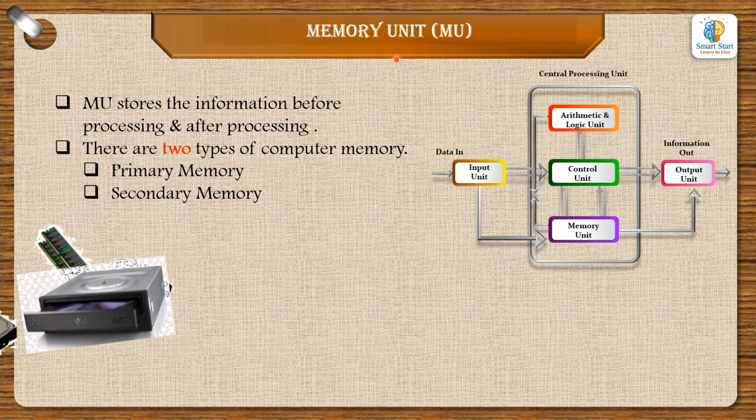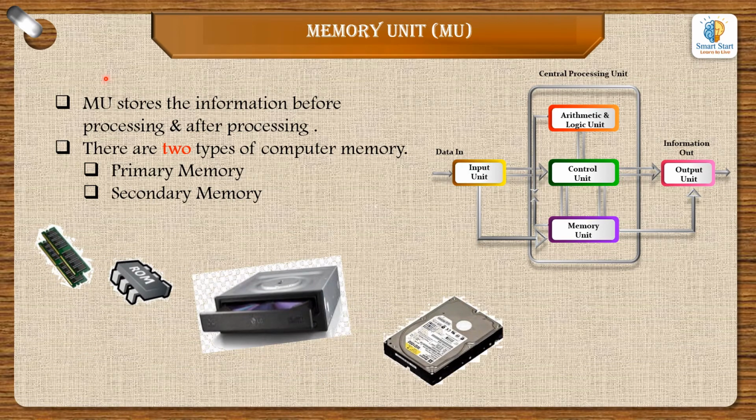Next is the memory unit. MU stands for memory unit. MU stores the information before processing and after processing. There are two types of memory. First is primary memory and next is secondary memory.